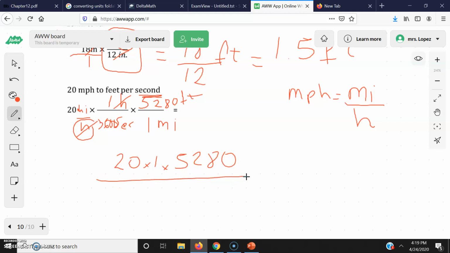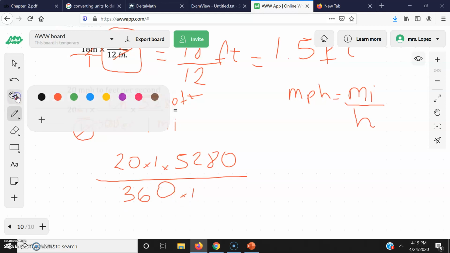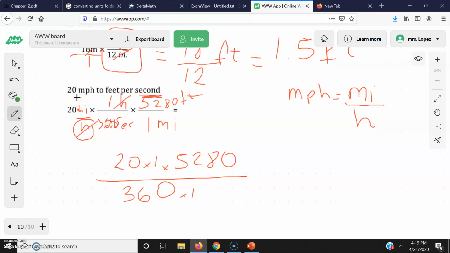The denominator is going to be 3,600 times 1. What about the units? So we saw the hours and hours cancel. Miles and miles cancel. And now the units that are left are feet per second. Sorry for the handwriting, it's a little hard to write.